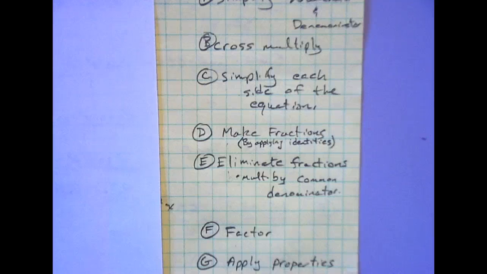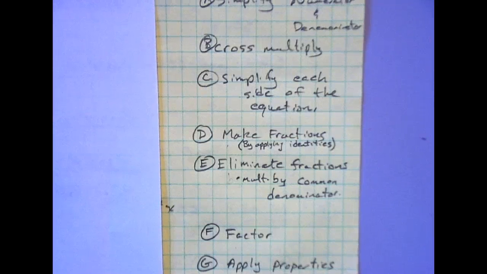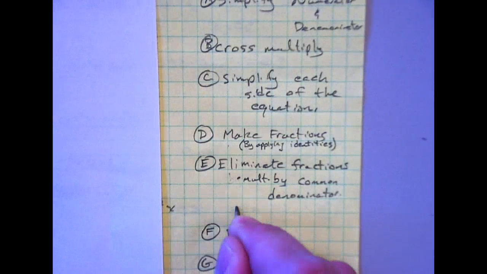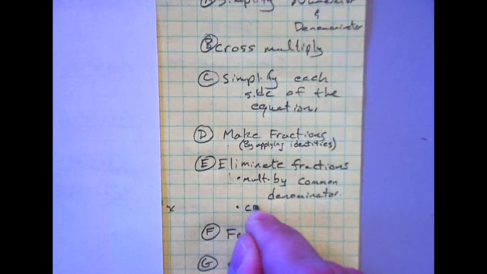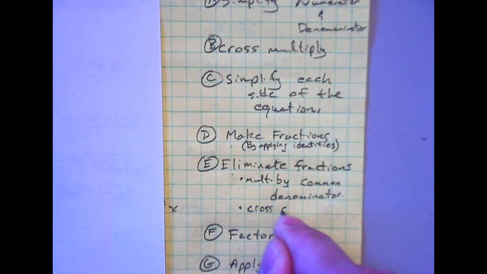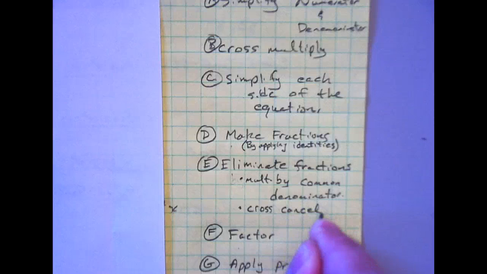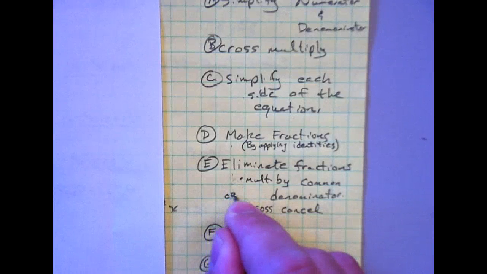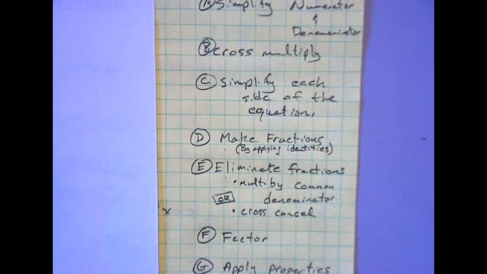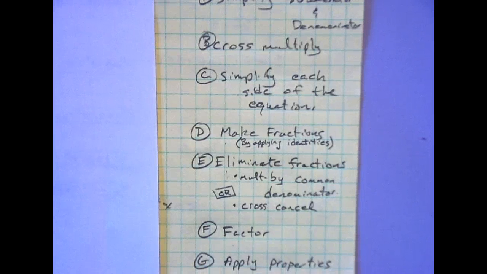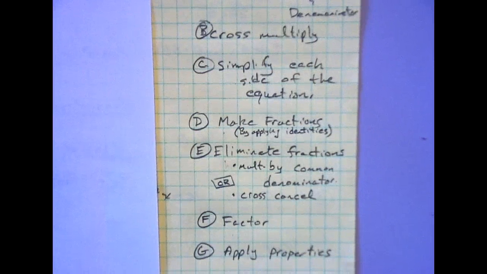I did that a lot of times. Sometimes I just cross-cancel. I always try to cross-cancel, I guess, first, but if you can't do that, then try to eliminate by multiplying by a common denominator. You're going to see that a few times.